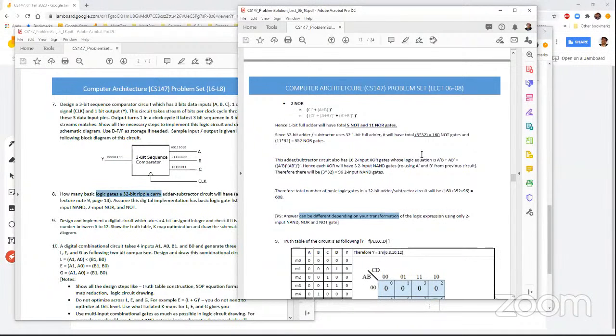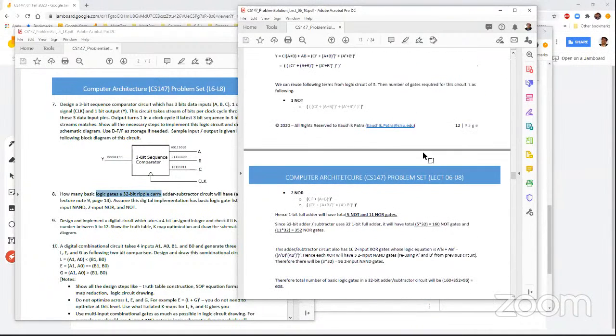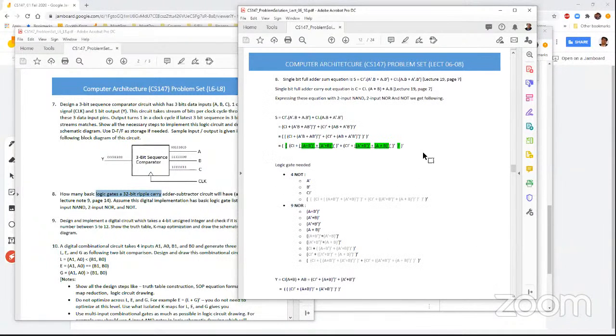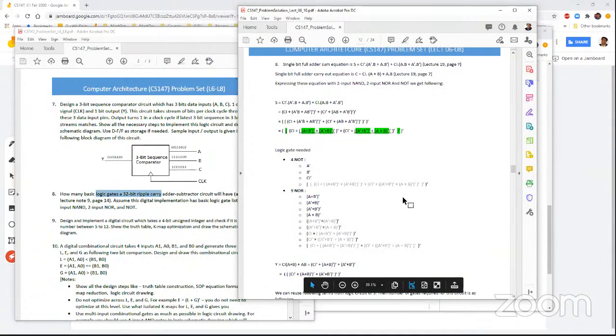Also, can you scroll back up to the initial equations for problem 8? Okay, so for the carry out, I'm not sure if it should be A plus B inside the parentheses, or ending with the carry out. It shouldn't be A XOR B. Maybe I cannot tell right now off the top of my head, but can you please send me a note?